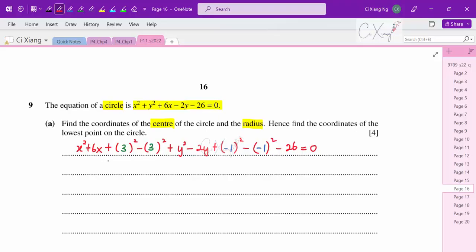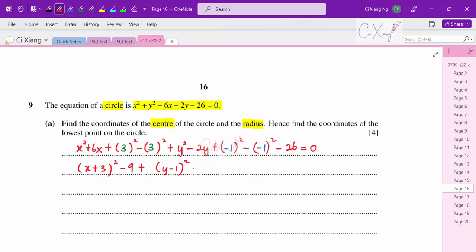Okay, then I will take the first 3 terms of x here, x squared plus 6x plus 3 squared. I will group them into one big bracket, which is x plus 3 squared. Minus 3 squared is minus 9. For the 3 terms of y squared minus 2y plus negative 1 squared, I will group them as y minus 1 squared.